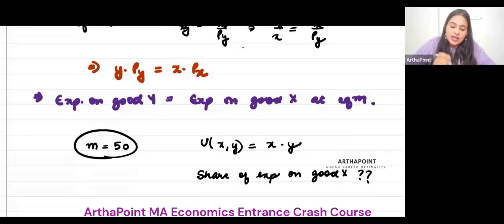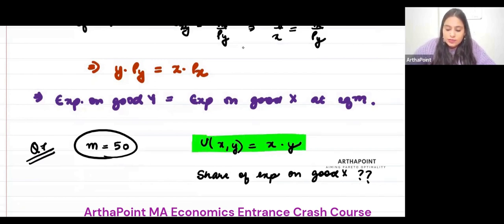Suppose, can any one of you tell me what that will be? I have given you that your utility function is XY and your income is 50. What will be the share of expenditure on good X?